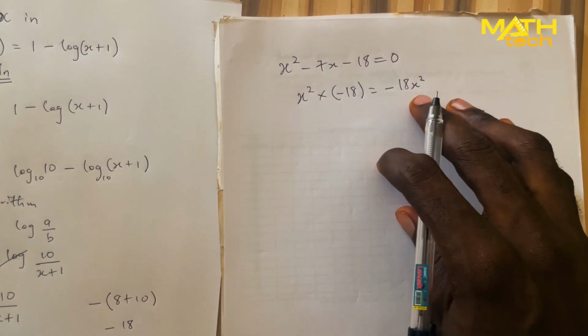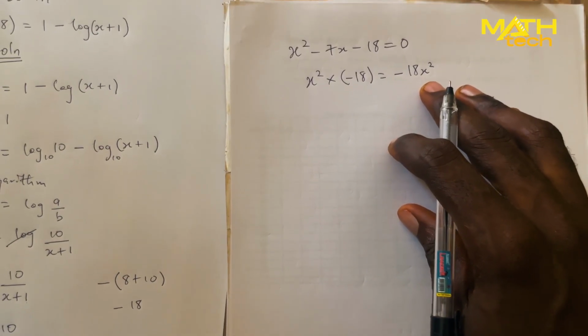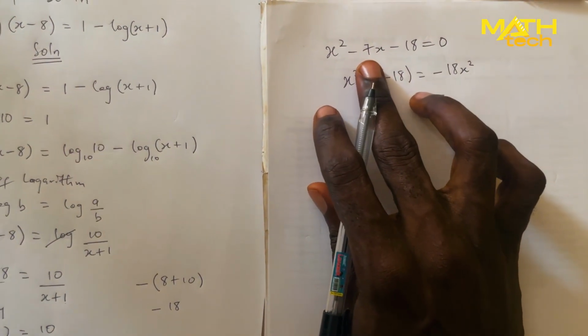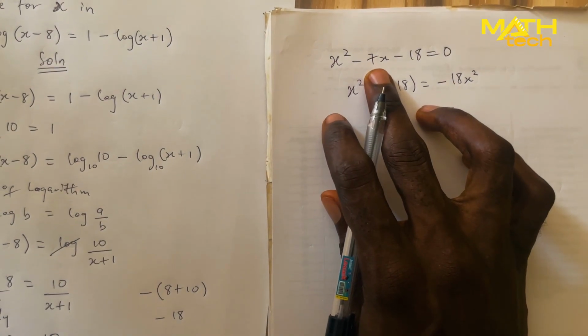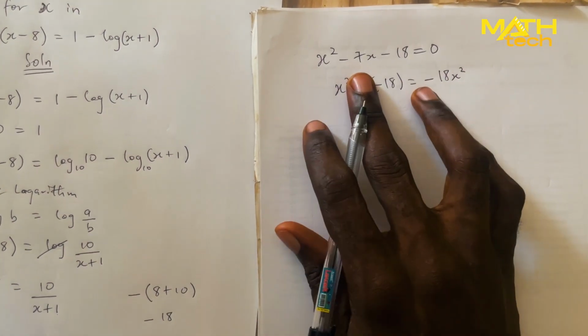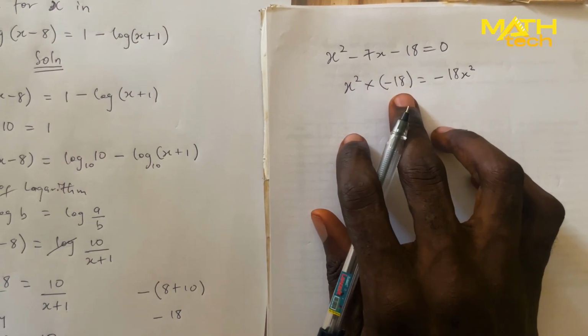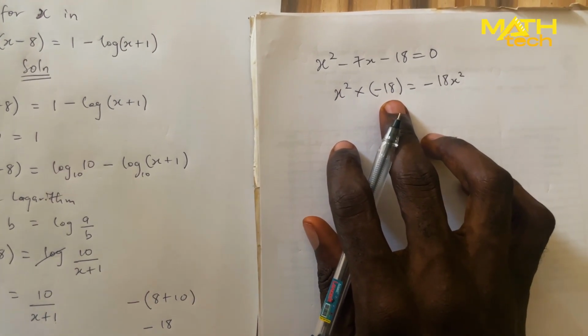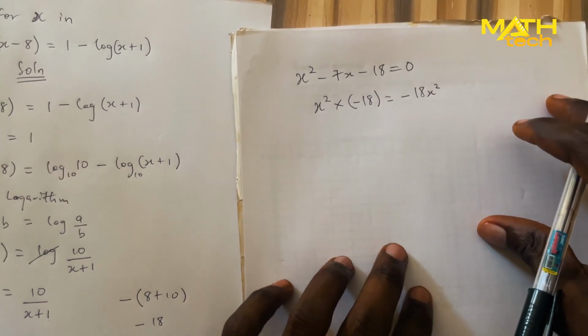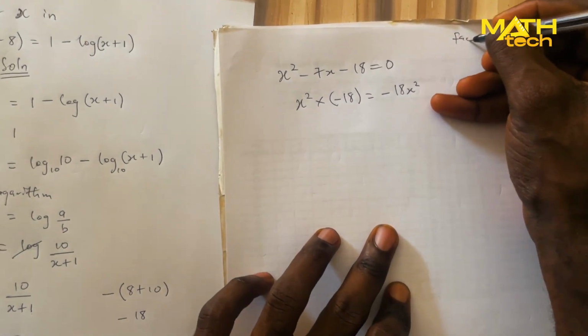Now we look for factors of 18 that when we multiply them give us minus 18x squared, and when we sum them up, give us minus 7x. But let's first of all check out the possible factors of 18.